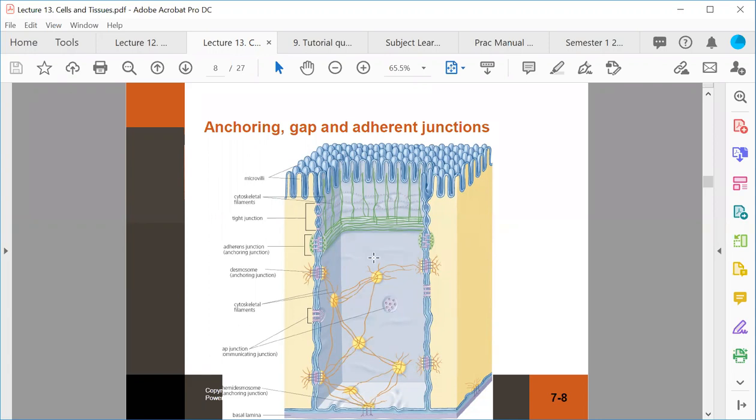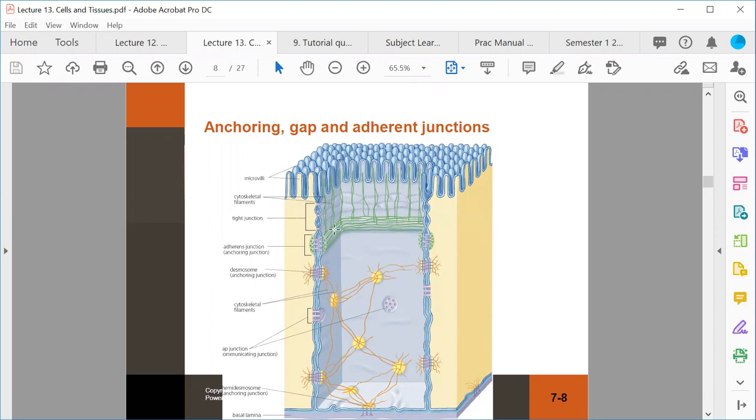Okay, we can also see to the inside of the cell that some of these junctions are actually connected to components of the cytoskeleton. So remember last week we talked about that internal scaffolding, if you like, within the cell. The cytoskeleton, and there's three major components of the cytoskeleton.